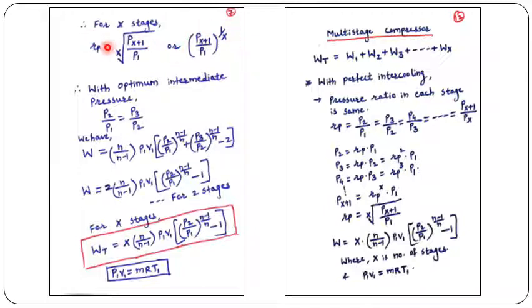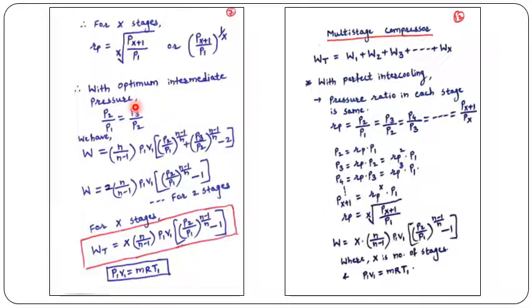So, likewise, if I know P1, I can calculate P2, because P2 is Rp into P1. Now, if I know P2, I can calculate P3, because P3 is Rp into P2. So, likewise, I can get all the intermediate pressures.